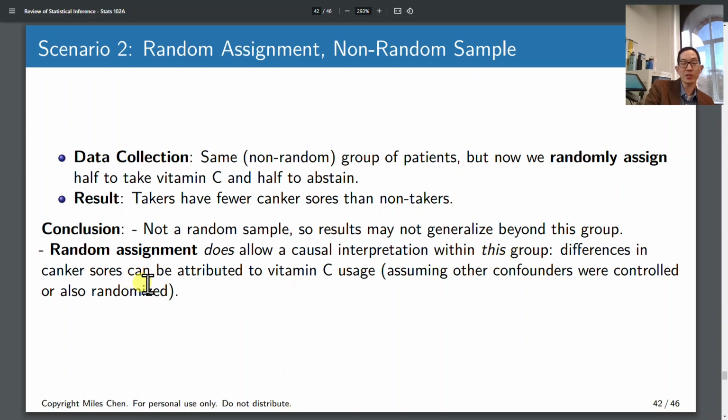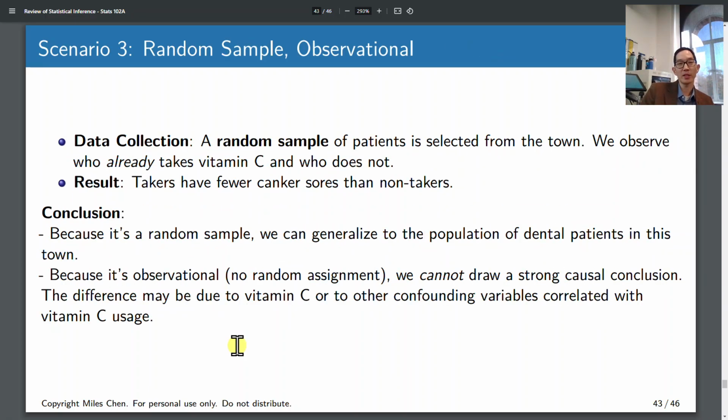We could say the differences in canker sores can be attributed to the vitamin C usage, assuming the other confounders are also randomized. Because we randomly assign who's going to take vitamin C and who's not, we can draw a cause and effect conclusion.